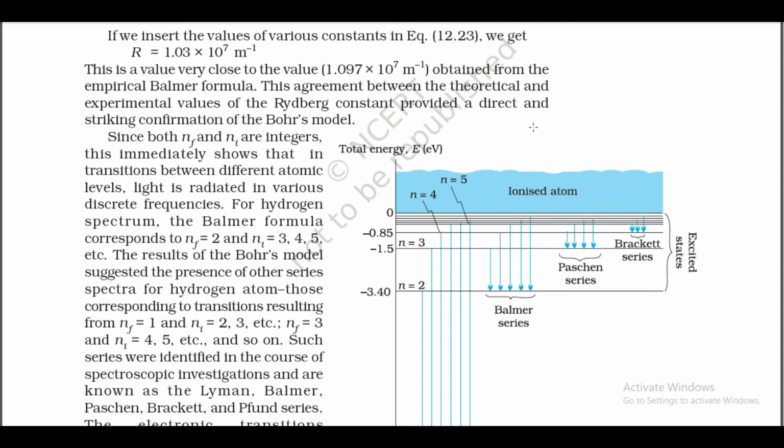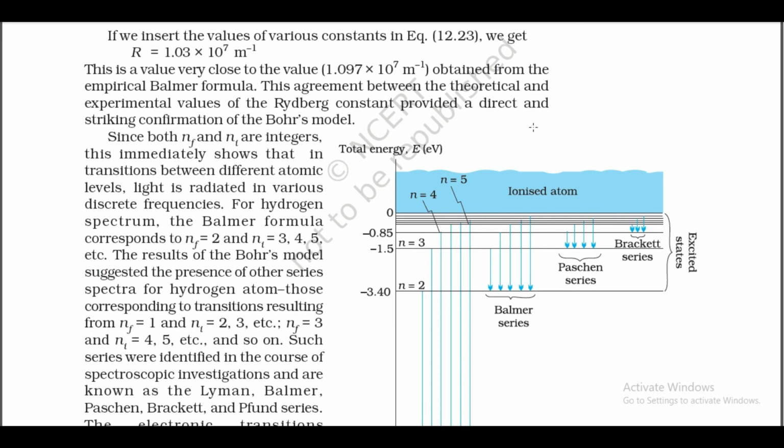For the hydrogen spectrum, the Balmer formula corresponds to nf equal to 2 and ni equal to 3, 4, 5, etc. The result of Bohr's model suggested the presence of other series spectra for the hydrogen atom, those corresponding to transitions resulting from nf equal to 1 and ni equal to 2, 3, etc., nf equal to 3 and ni equal to 4, 5, etc., and so on.